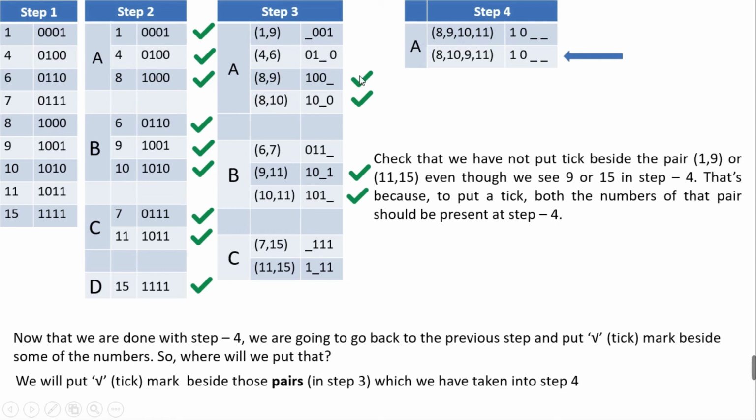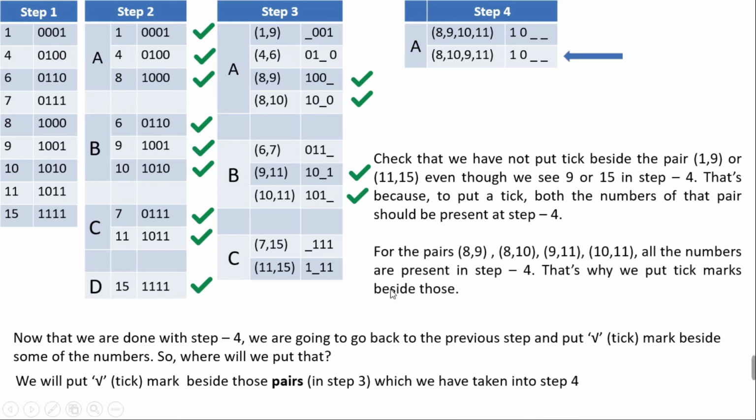So to put a tick mark beside a pair, you need to take both of the numbers of that pair. For example, for 1, 9 or 11, 15, one number is taken into step 4 but not the other, so that's why we did not put tick marks beside those pairs. Okay, so for the pairs 8, 9, 8, 10, 9, 11 and 10, 11, all the numbers are present in step 4, as I have said. That's why we put tick marks beside those.